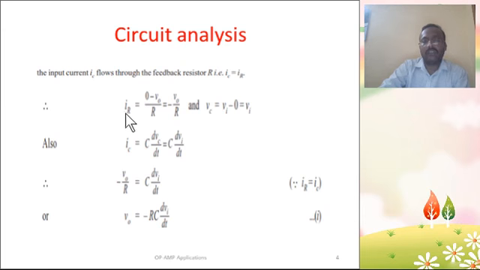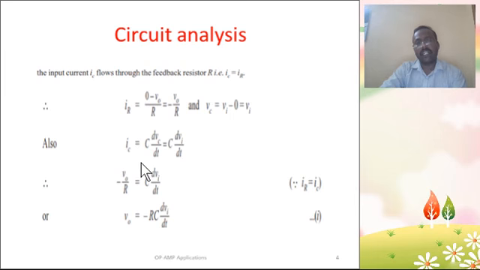So IR is equal to (0 minus V0) divided by R, and VC is equal to VI. The capacitor voltage is equal to the input voltage. The resistance current is equal to V0 divided by R with a negative sign.